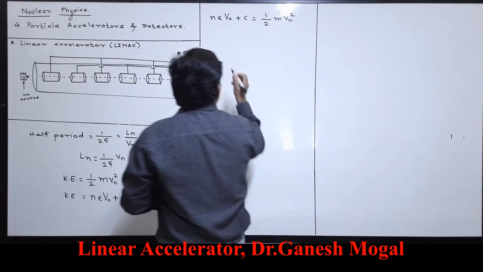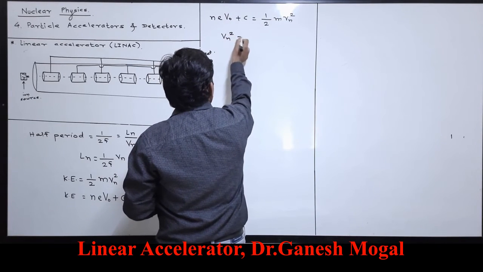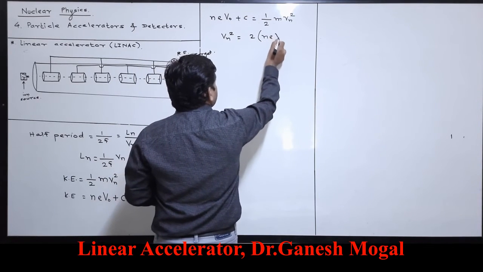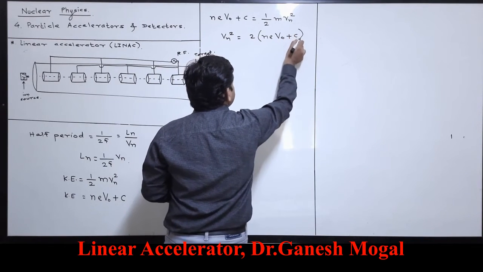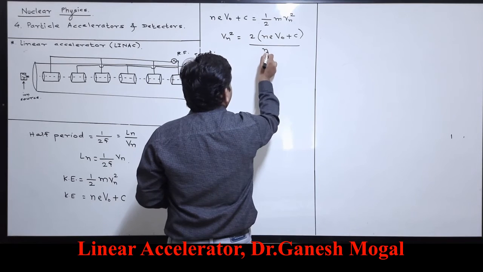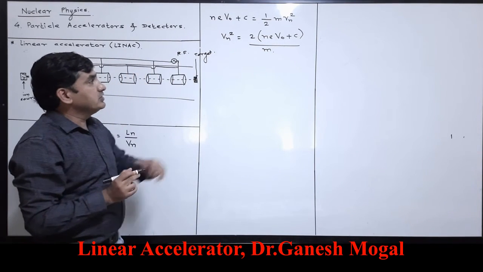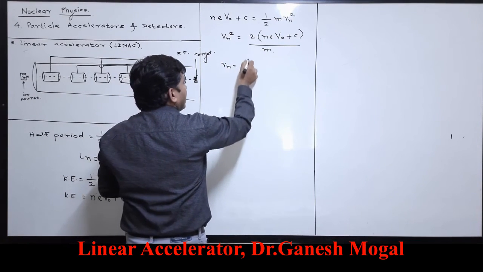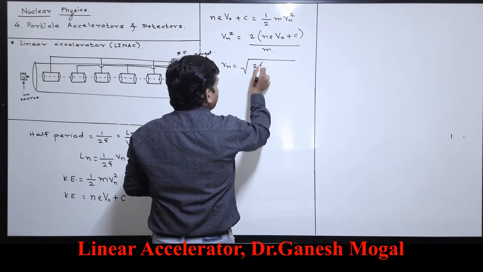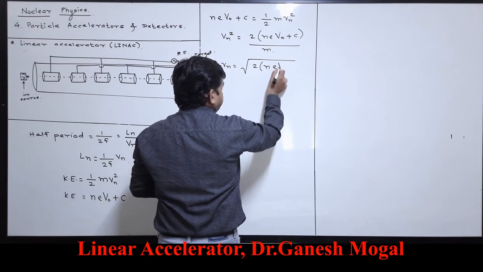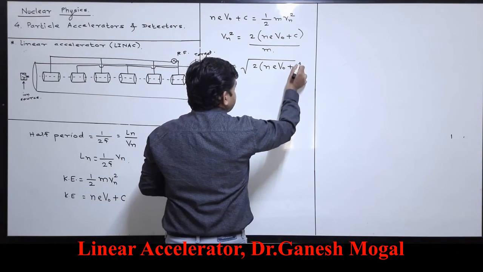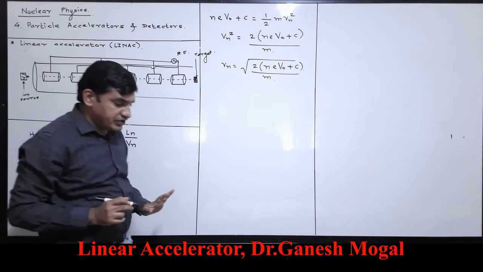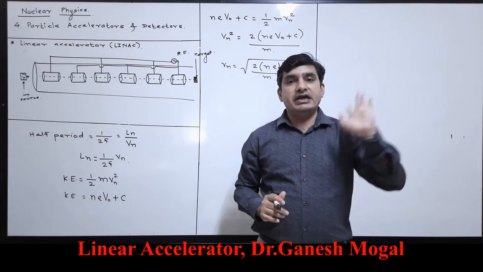And therefore we can write Vn square is equal to twice n into E into V0 plus C divided by M. So this is Vn square, and therefore Vn is equal to under root of 2 n into E into V0 plus C divided by M. So this is the value of the velocity of a charged particle in the nth electrode.